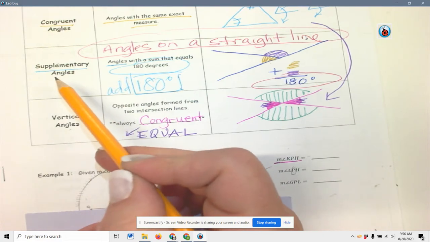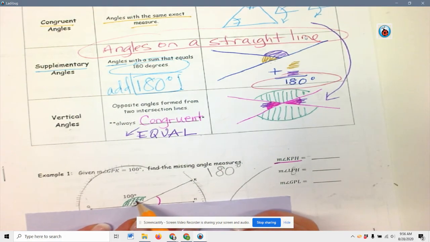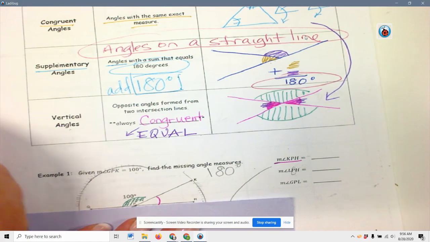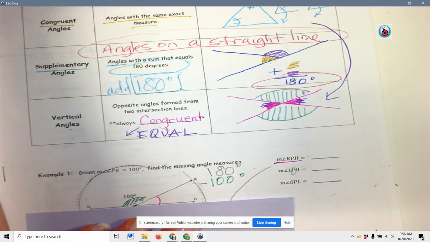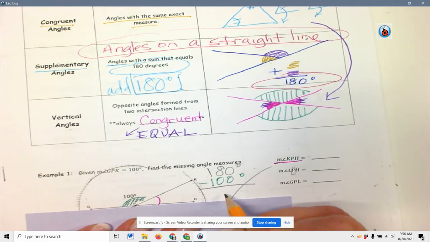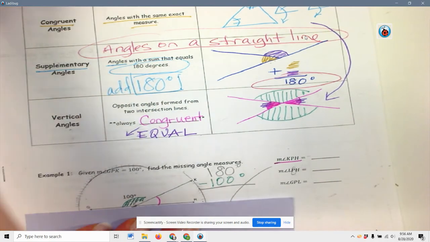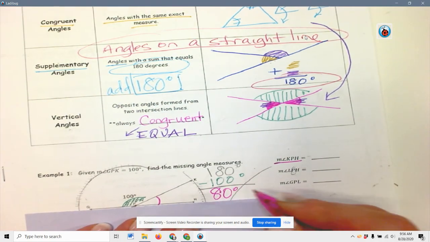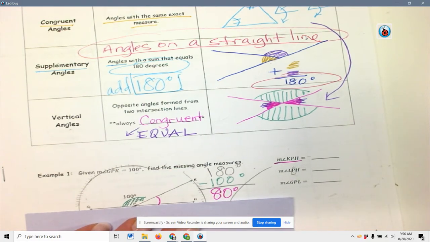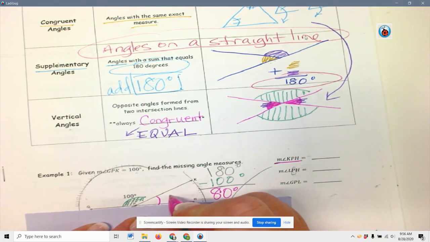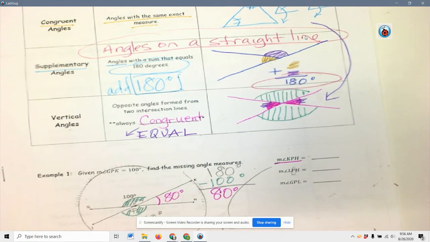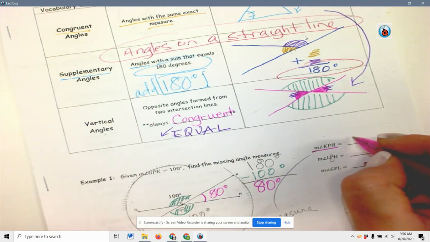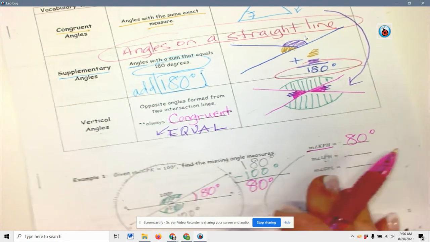They're supplementary, okay? We already used up 100 degrees here for the big angle, so we'll subtract that 100 degrees. And when we do that subtraction, we have 80 degrees left for those angles on a straight line. So we know that this smaller angle has to be 80 degrees. Okay? Now, we'll go ahead and fill that in as soon as we know it. This is 80 degrees.